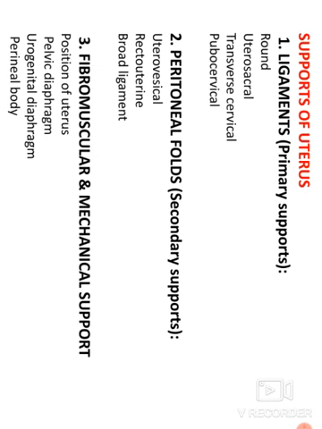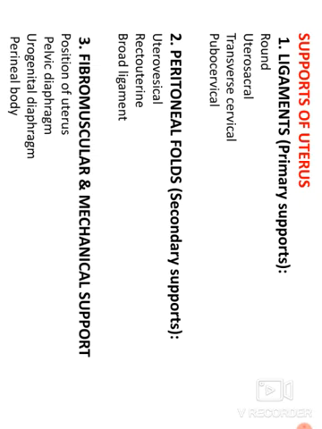Then next is the supports of the uterus. So uterus, we know it's a muscular mobile organ which undergoes extensive changes in size and shape during the fertile period of females.